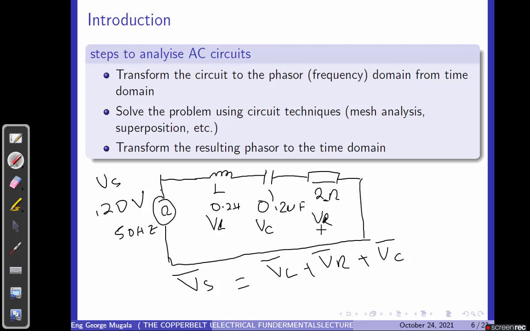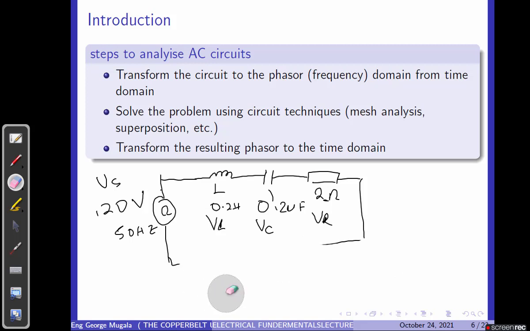So now the way we solve this sort of circuit in a conventional way is that we need to draw, because in AC, everything is found at a certain vector orientation. So we can't just easily add directly.